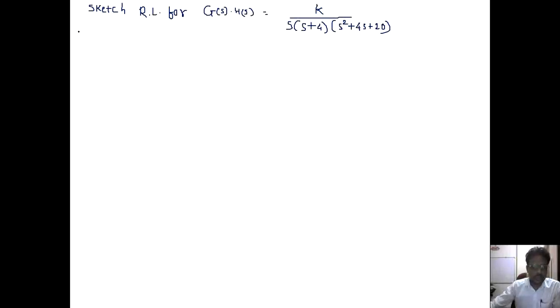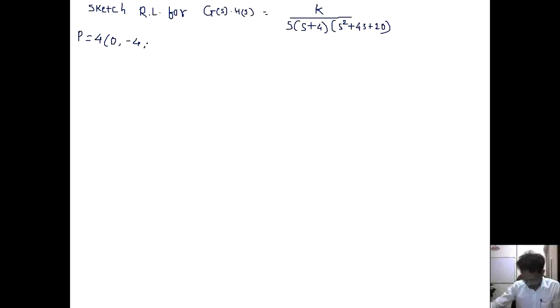In this numerical, the poles are the values of s in the denominator: s = 0 and s = -4, and as the remaining factor is a quadratic equation, we will get two more values for s. So completely we have 4 poles, and the values of the poles are 0, -4.